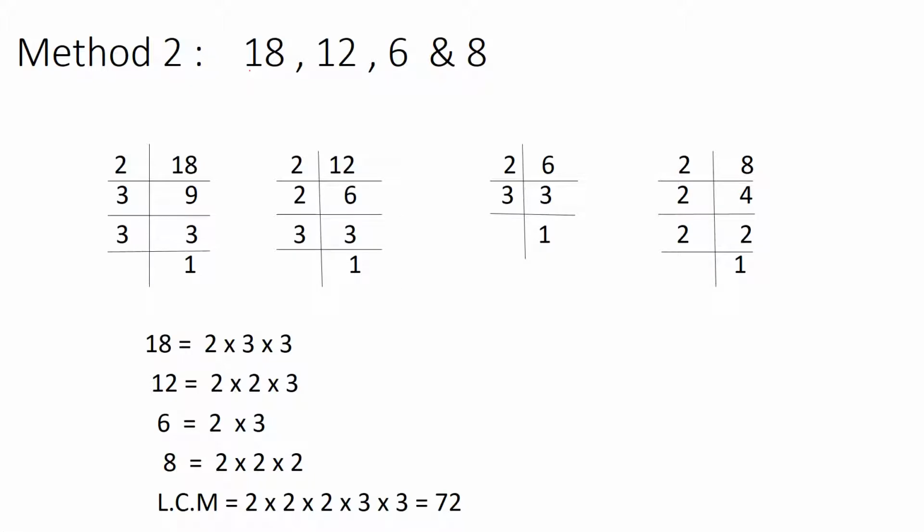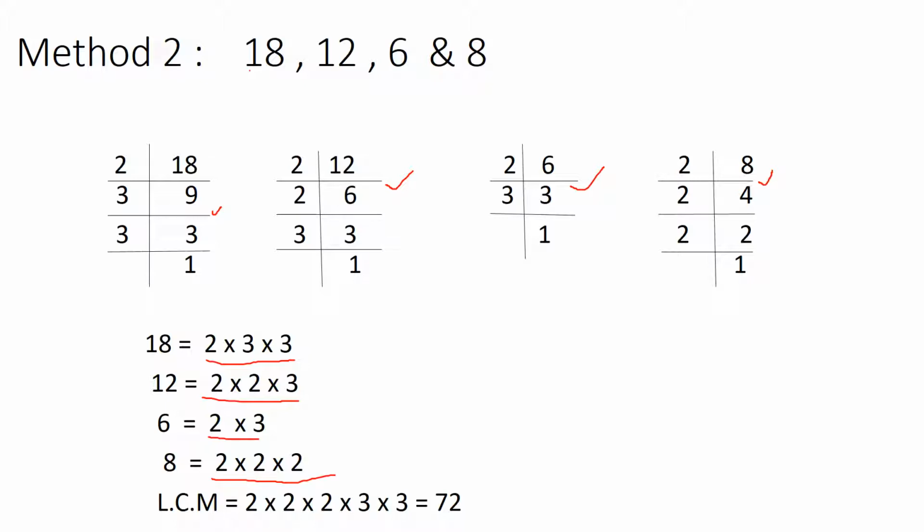Method 2 for 4 numbers, we have to do prime factorization separately for 18, 12, 6 and 8. Write all the factors for 18, all the factors for 12, all the factors for 6, all the factors for 8.